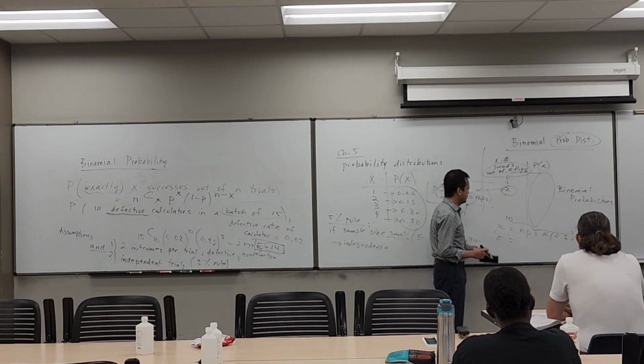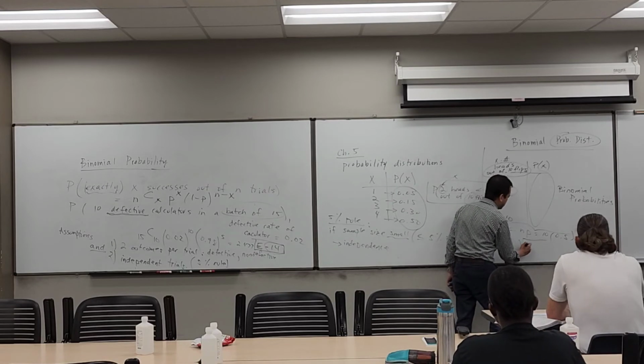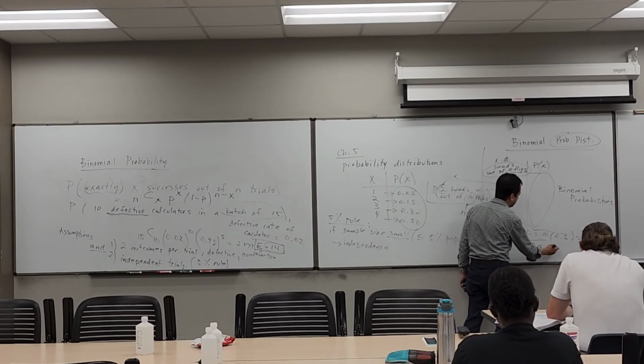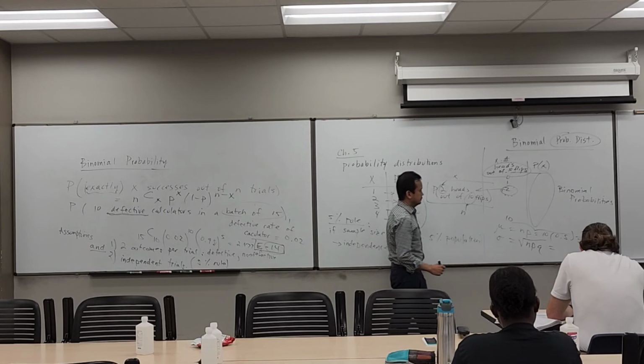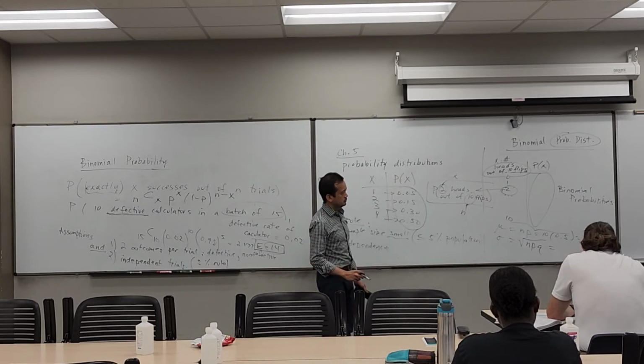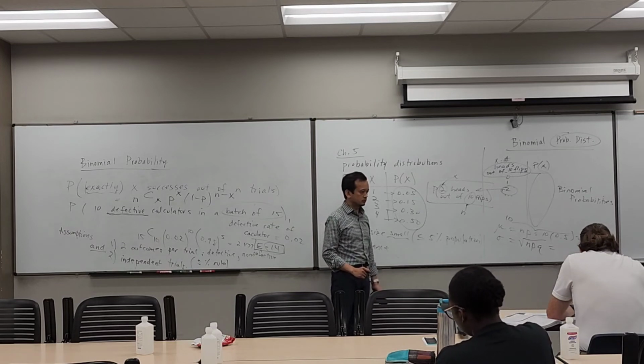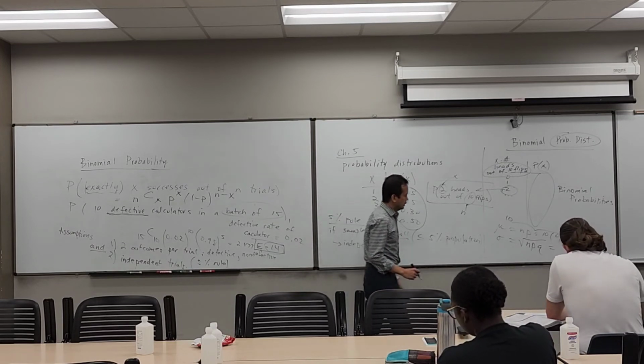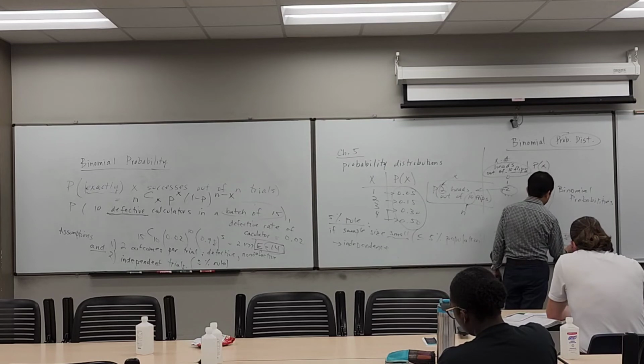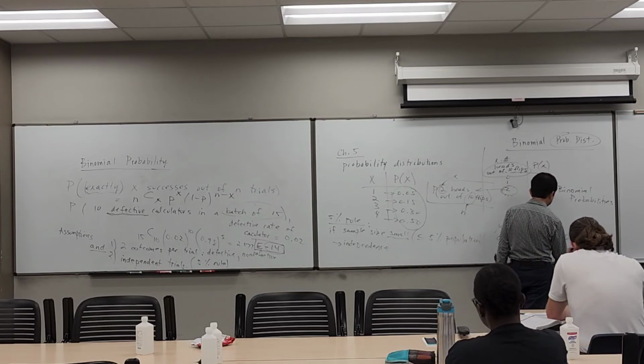And then the standard deviation. Simple formula, which is the square root of n p q. So n will be 10, p will be 0.5, and q will also be 0.5.